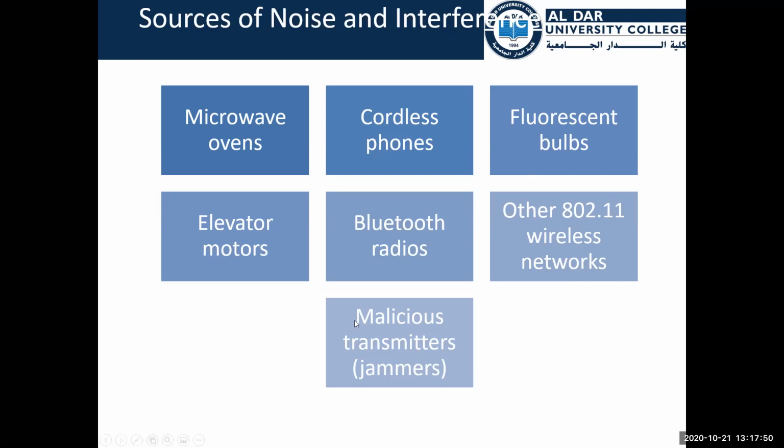A jammer means I take the entire band for myself. I will not let any other frequency wave pass from the sender to the receiver. This is an attack. It is some kind of device with the hacker, and he sends and receives with a very strong signal, not letting any access point in the neighborhood send or receive.